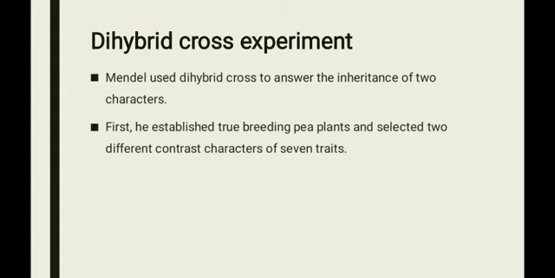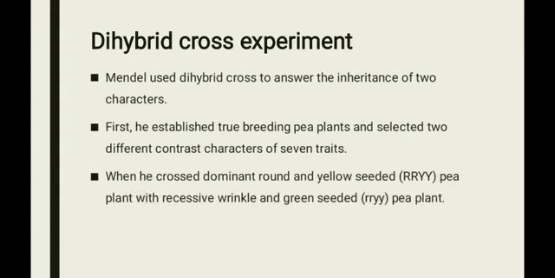He crossed a dominant round and yellow seeded pea plant, where round is expressed by capital R and yellow by capital Y, with a recessive wrinkled and green seeded plant. Here wrinkledness is expressed by small r and green by small y.